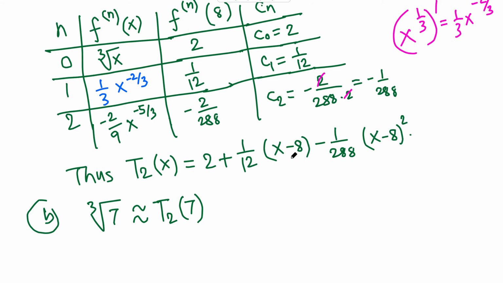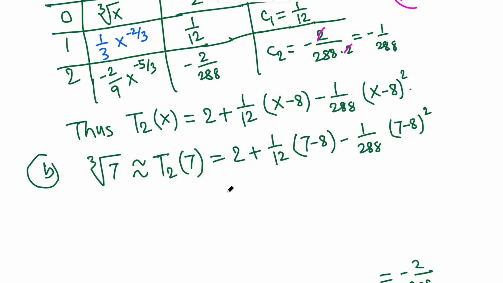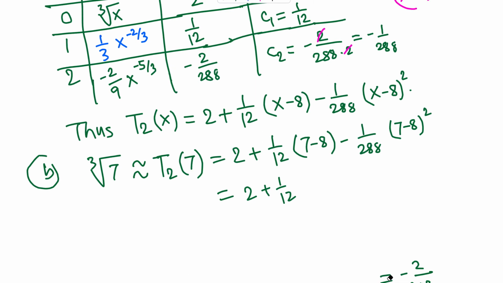All you have to do is plug in 7, done. 2 plus 1 over 12 times (7 minus 8), minus 1 over 288 times (7 minus 8) squared. 7 minus 8 is negative 1, and negative 1 squared is positive 1, and 1 times this is just this.